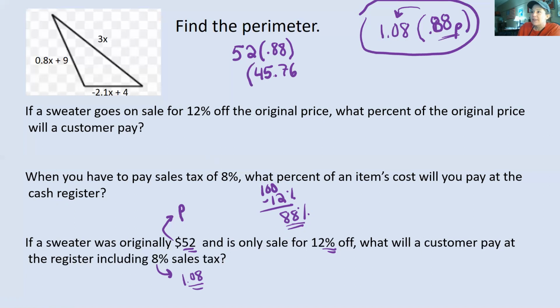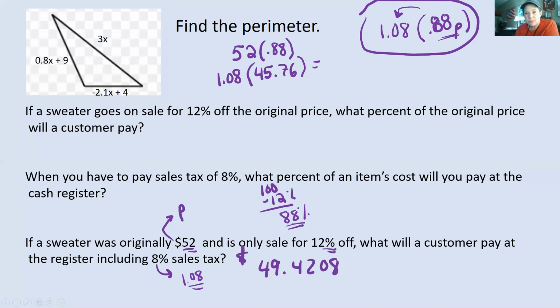Then we're going to take that whole price, 100% of the sales price plus 8%, which means we're going to multiply $45.76 by 1.08. My calculator says 49.4208.